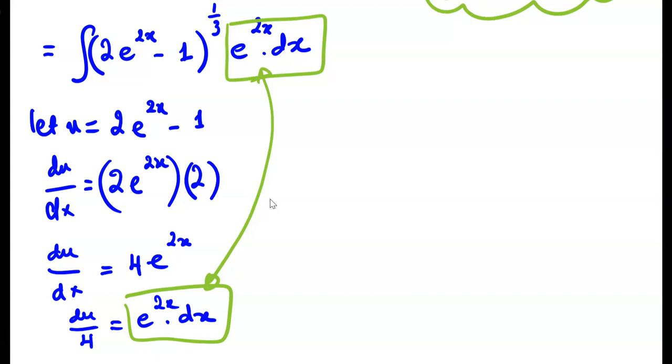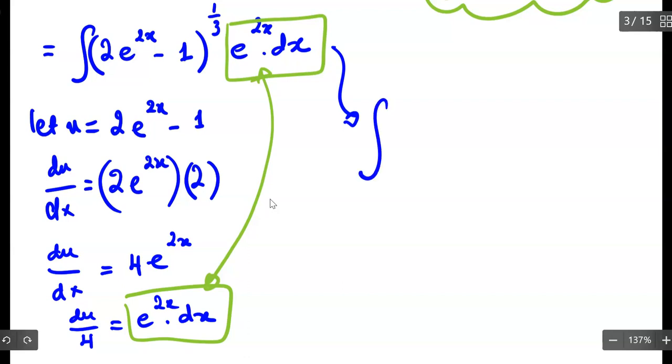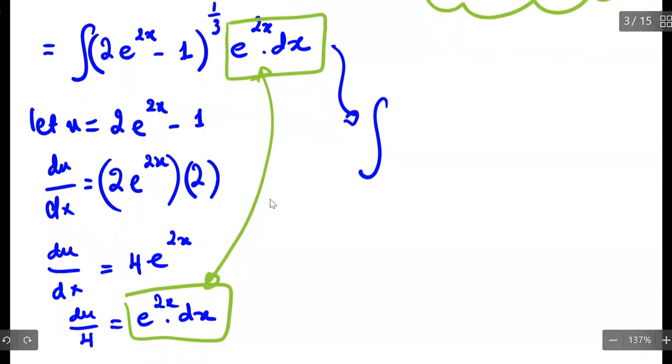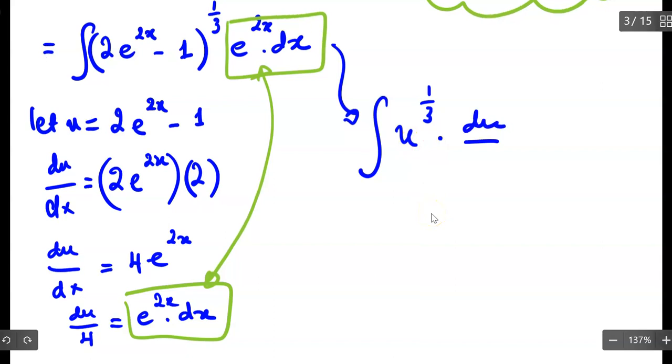So I can write my integral as the integral of u, because you let this equal u, so now it becomes u raised to exponent 1/3 times what? Instead of e to the 2x dx, you need the differential factor in terms of u, so I will write it du over 4.